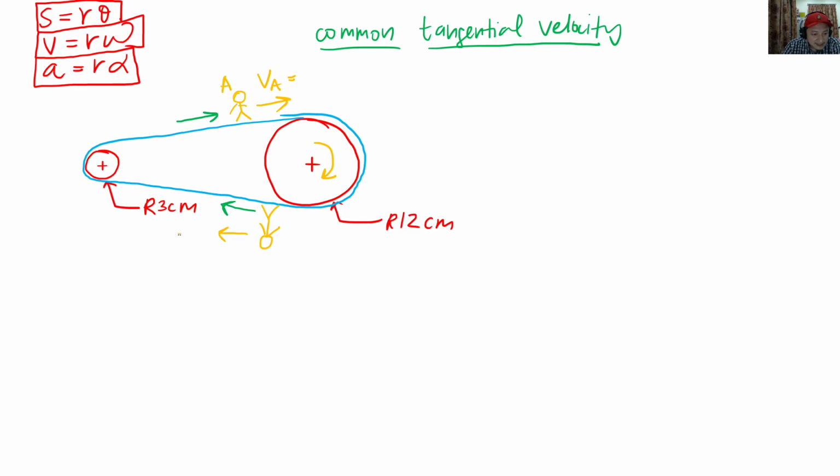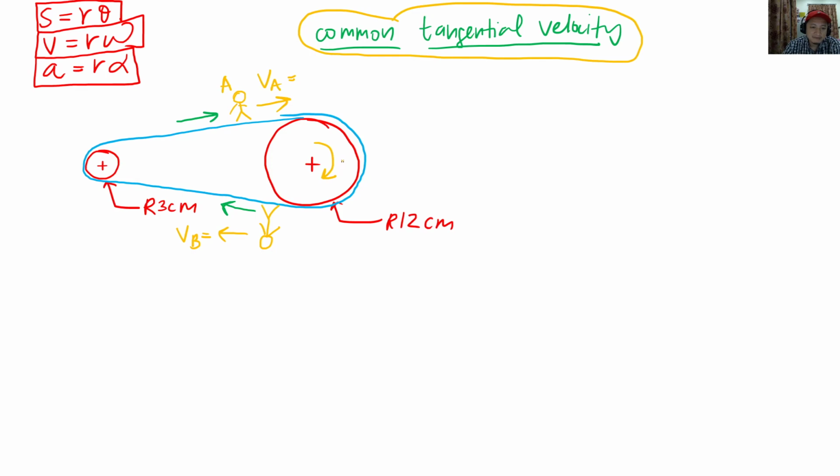Its name is VB. So VA and VB are actually the same. Why? Because they are on the same cable, same belt, same chain. So they share common tangential velocity.